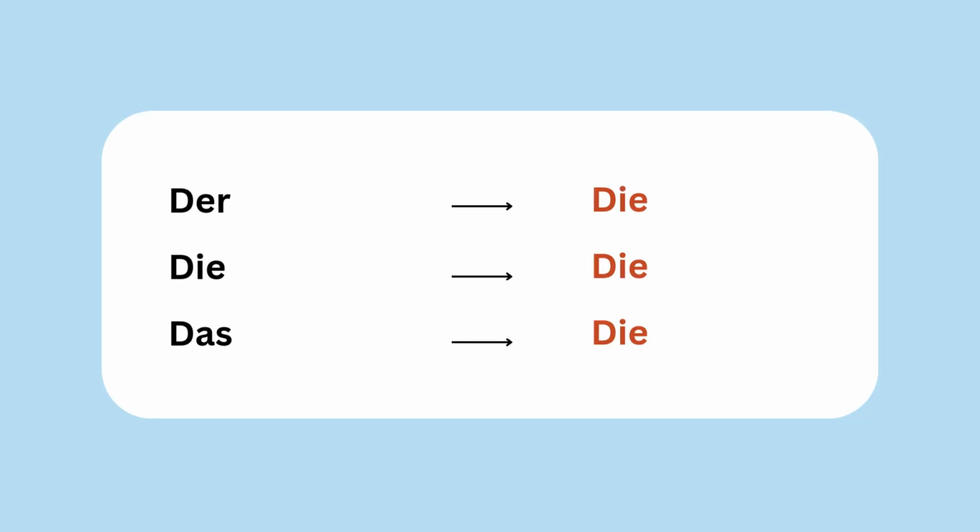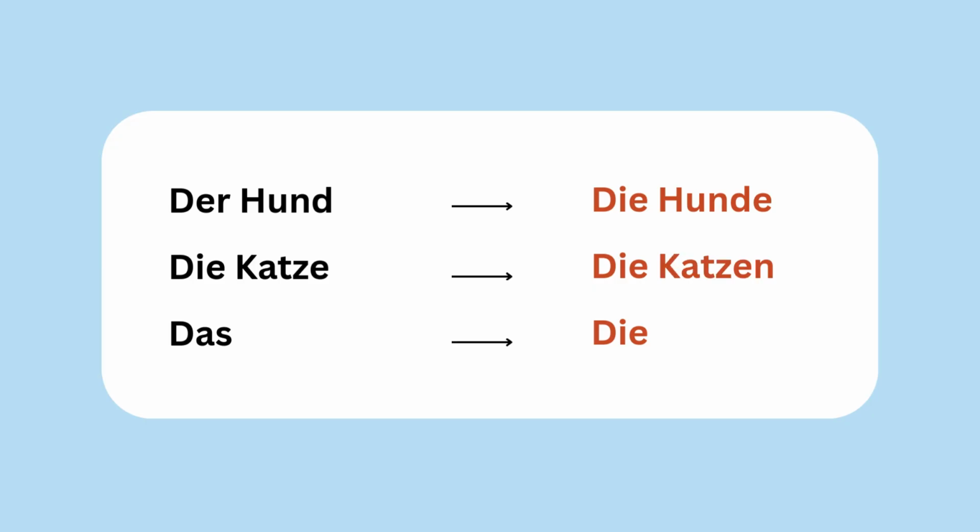In plural, all the articles change to die. So, die is used for every single noun in plural. For example, der Hund, die Hunde, die Katze, die Katzen, das Auto, die Autos.